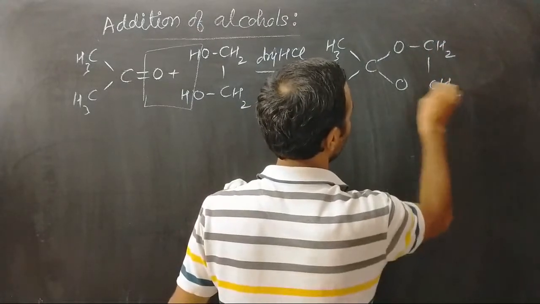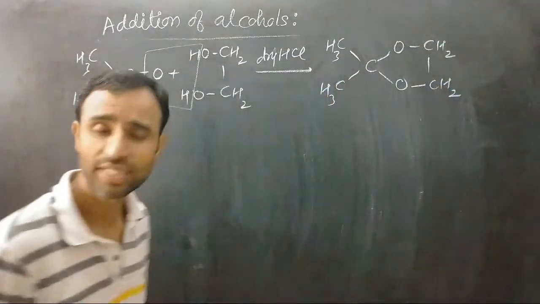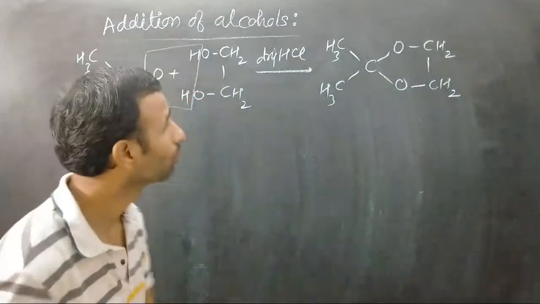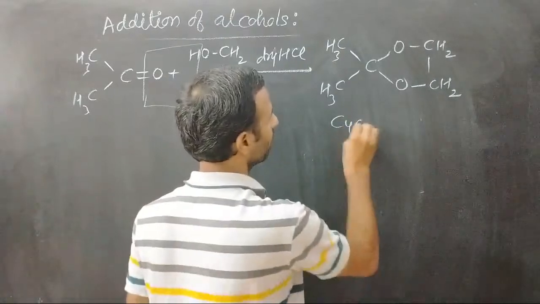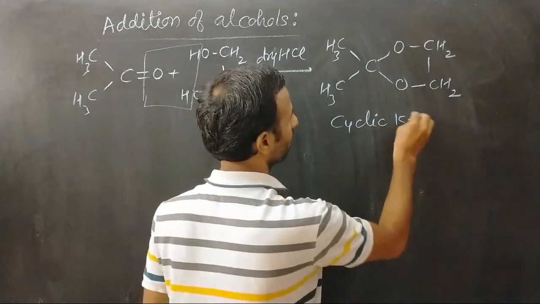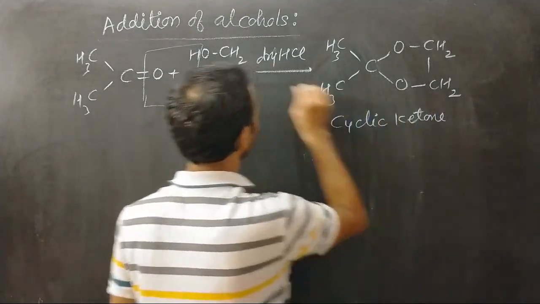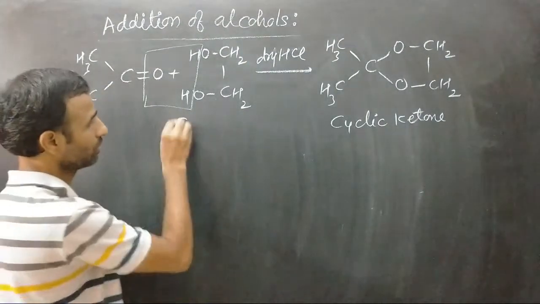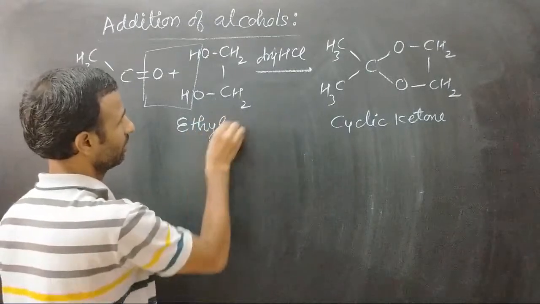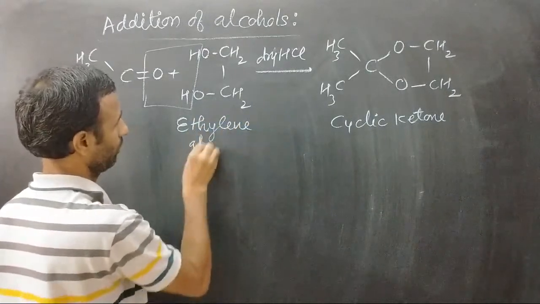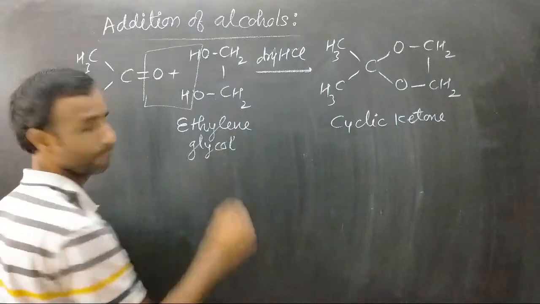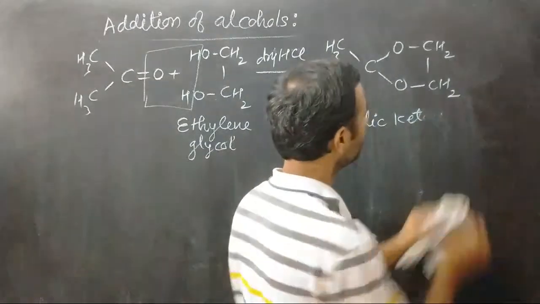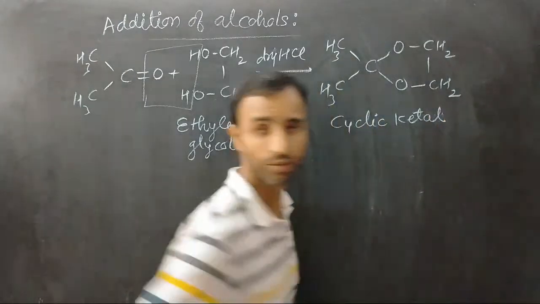So with ketones acetal formation is less favorable, rather cyclic ketal is the main product. When a ketone is involved, then dihydric alcohol generally reacts. What is this? Ethylene glycol. Right? So this is the cyclic ketal. Okay?